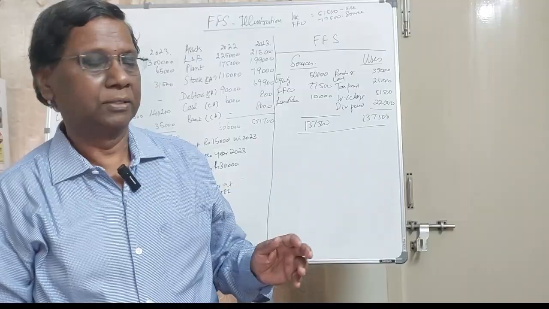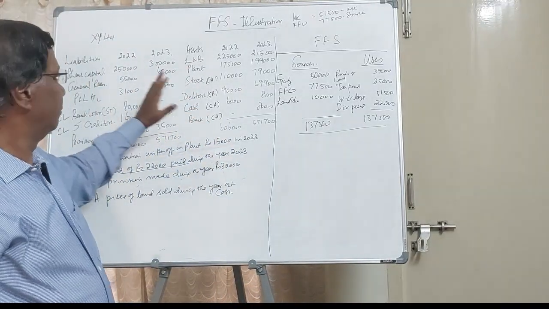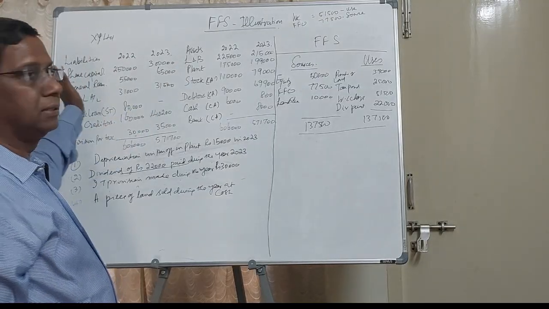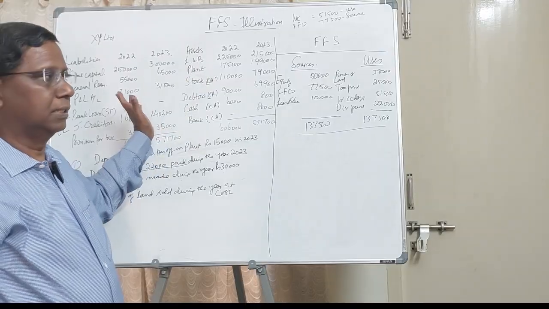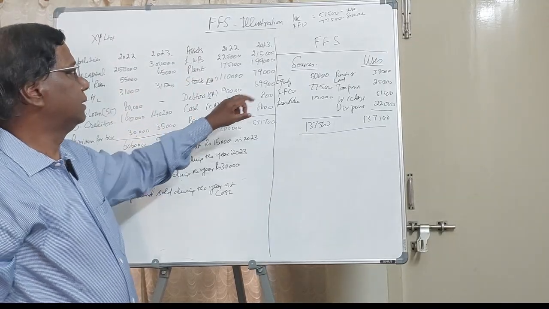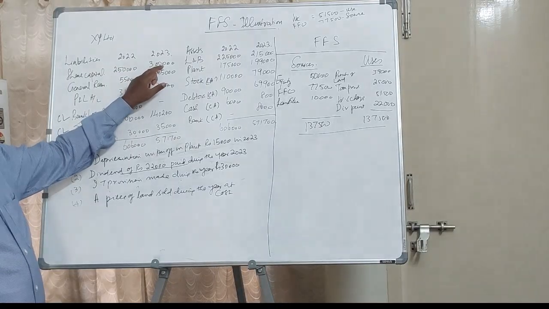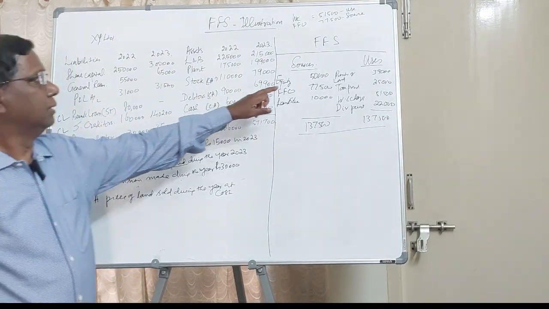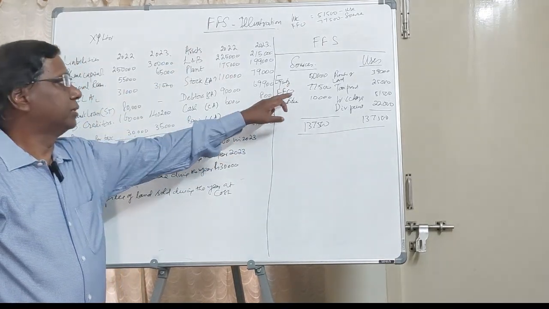So it is simple. I'll just once again go through it. You have to analyze each balance, liabilities and assets. Then you have to find out. So in this case, equity, 2,50,000 and 2,00,000, so there is 50,000 increase in the equity. Then again, funds from operation already worked out, 70,500.